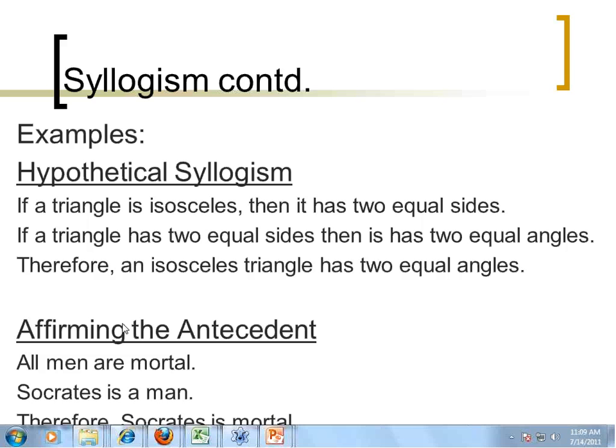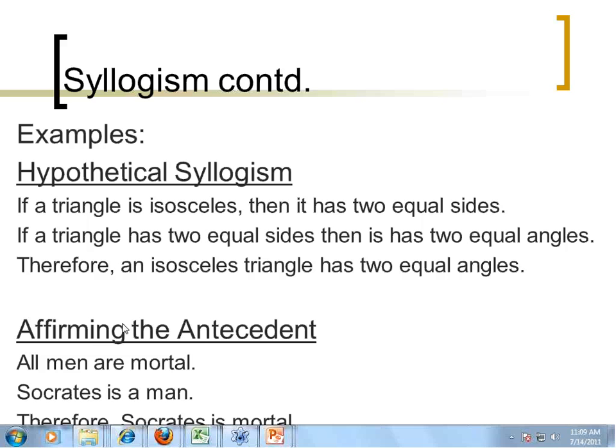Right, and remember that syllogism, which is deductive reasoning, is based on some facts that were proven to be true before. And we know that an isosceles triangle has two equal sides, right? And if a triangle has two equal sides, then it goes to prove, which was proven before too, that it has two equal angles as well. So therefore, the isosceles triangle has two equal angles.